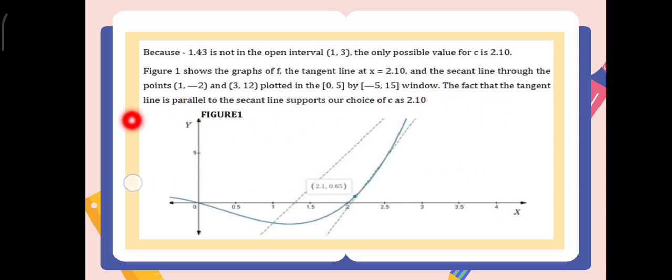The fact that the tangent line is parallel to the secant line supports the choice of c.